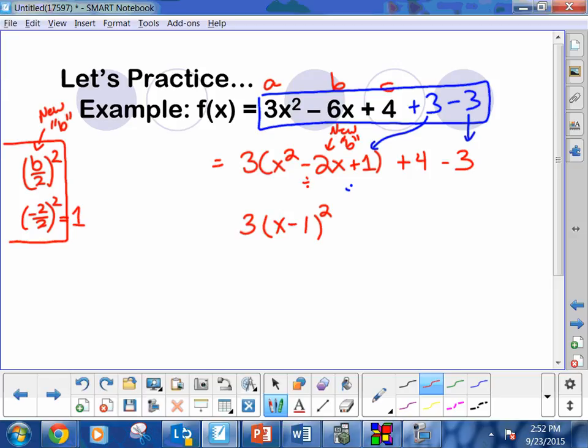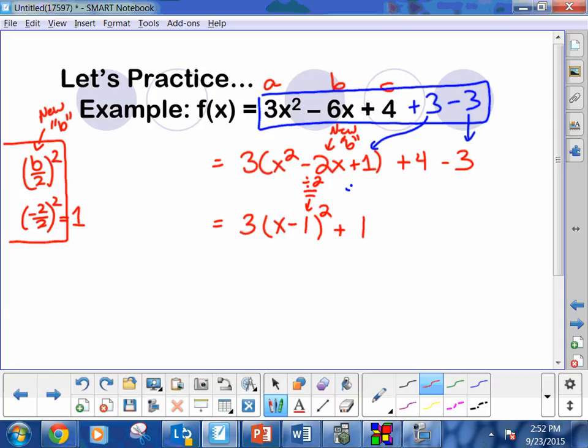You take this b value and divide it by 2. So you may want to keep this present as to how that -1 showed up. And then at the end, the 4 minus 3 made +1. So I have now my equation the way I wanted it.